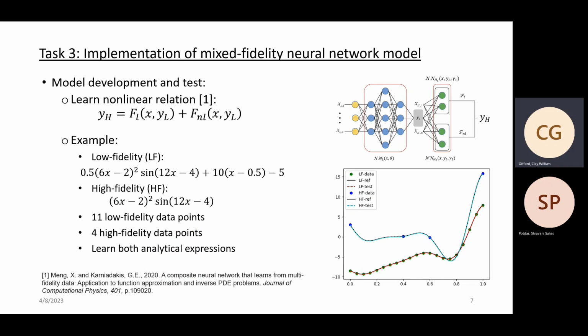Thank you. So as mentioned, we implemented a mixed fidelity neural network model. This model is comprised of three neural networks. You can see in the top right here, we have the first neural network trained using low fidelity data, and then that gets coupled to two high fidelity neural networks, one with an activation function below that's used to exploit the nonlinear relationships, and then the second without an activation function.